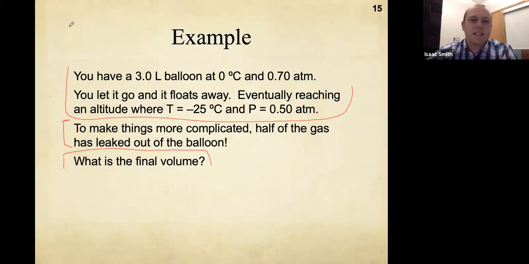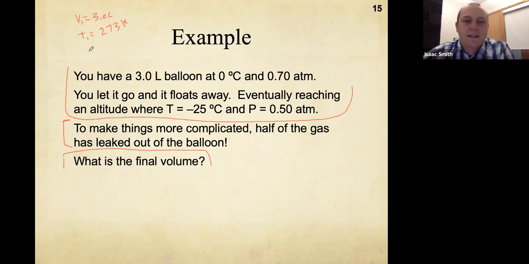Okay, so let's just say initially we have a volume of 3.0 liters. I always like to write it down in simpler terms because it's complicated if you're just staring at the problem. So if you're in the test and you don't know what to do, start writing stuff down. Don't just sit there.